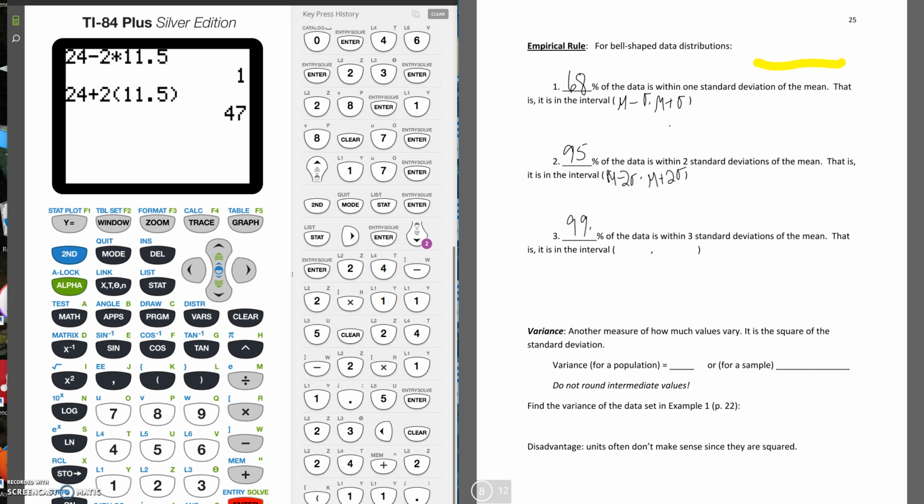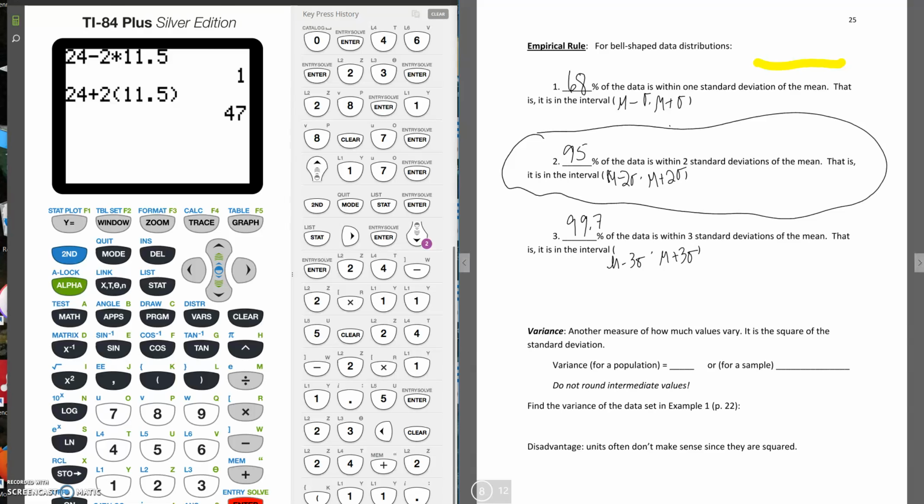And 99.7% of the data is within 3 standard deviations of the mean. So the mean minus 3 sigma and the mean plus 3 sigma. 99.7% of the data.